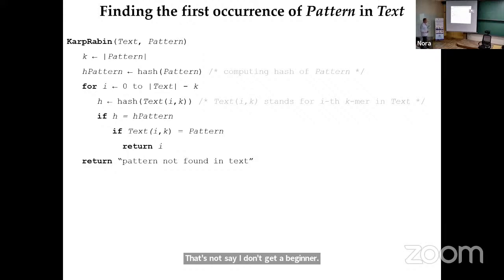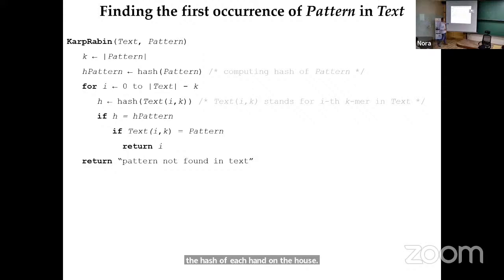The length of the pattern is k. You compute the hash of the pattern, and it becomes h(pattern). And then you go through every k-mer in the text. Text_i denotes the k-mer starting at position i of the text. You compute the hash of each k-mer in the text.